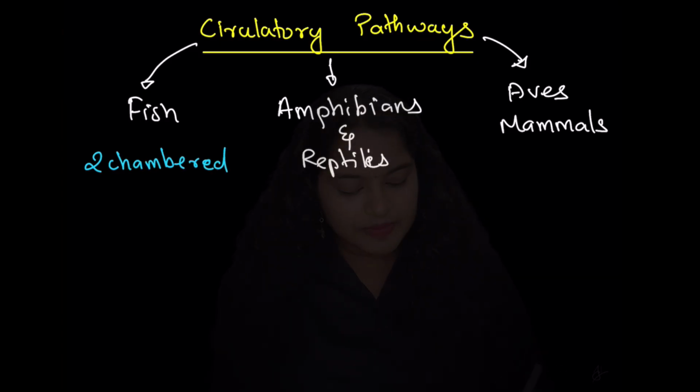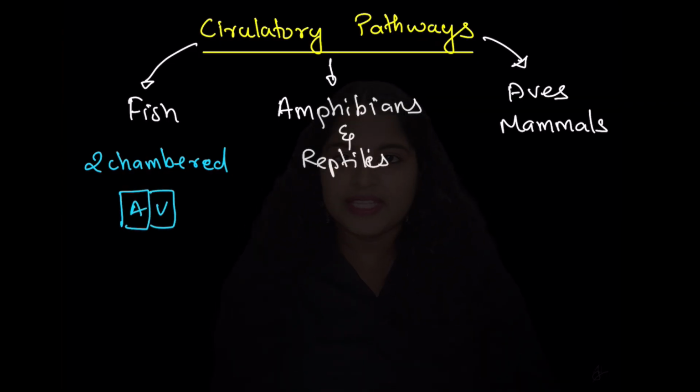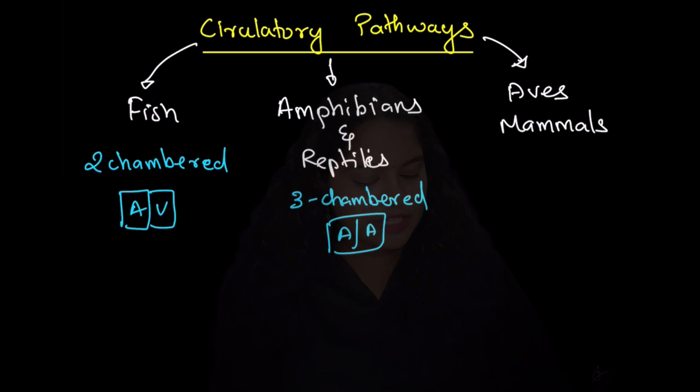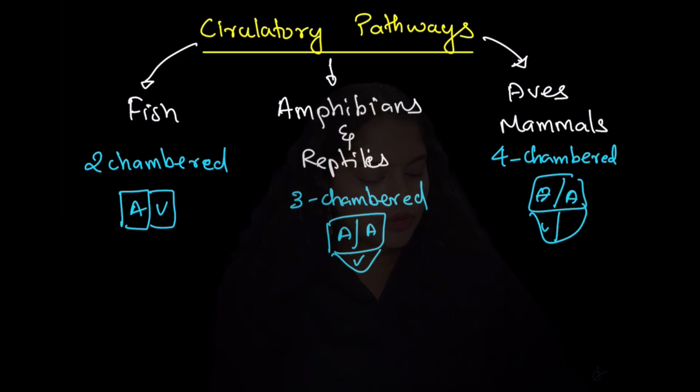Two-chambered heart means one auricle and one ventricle. Amphibians and reptiles have a three-chambered heart, that is, two auricles and one ventricle. Now coming to aves and mammals, they have four-chambered hearts, that is, two auricles and two ventricles.